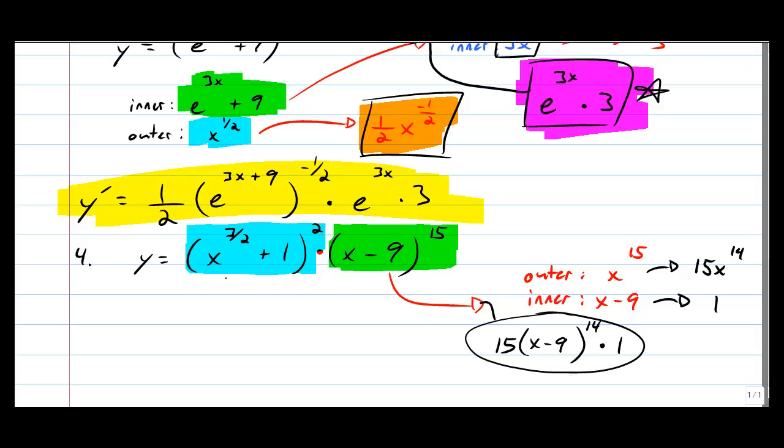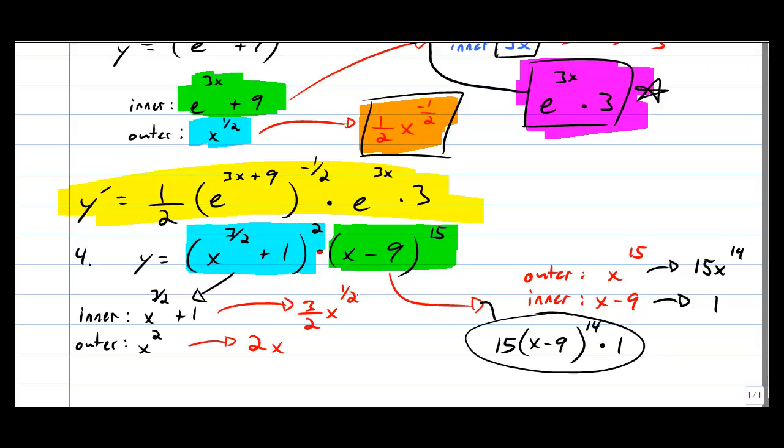Now come over to blue. That's got an inner function and an outer. The inner is x to the 3/2 plus 1. The outer is x squared. The derivative of x squared, that's 2x. The derivative of x to the 3 halves plus 1 is 3 halves x to the 1 half.